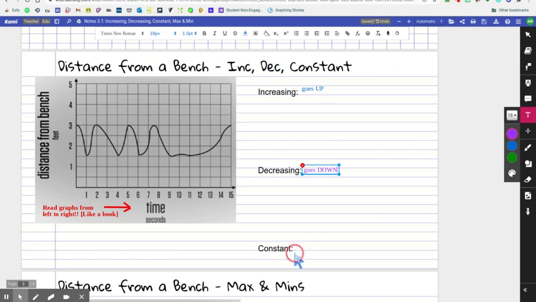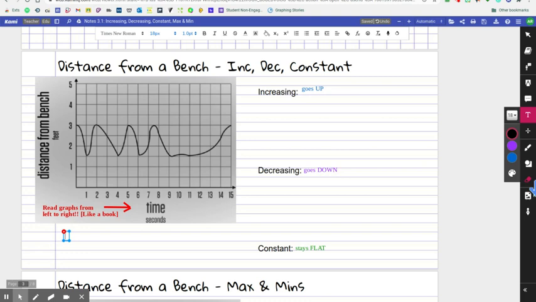And then if it's constant, this is a new kind of fancy term. But what's that? Yeah, it stays the same. I believe the word I used was it stays flat. Stays flat, right? So when we write about increasing, decreasing, and constant, and this is a love note for yourself.